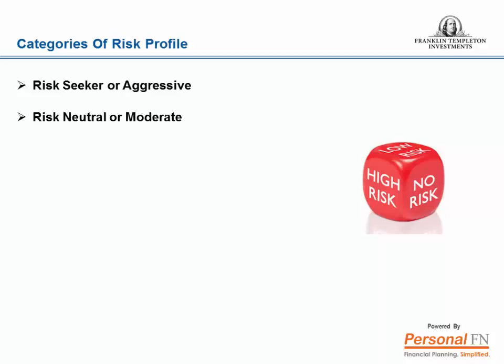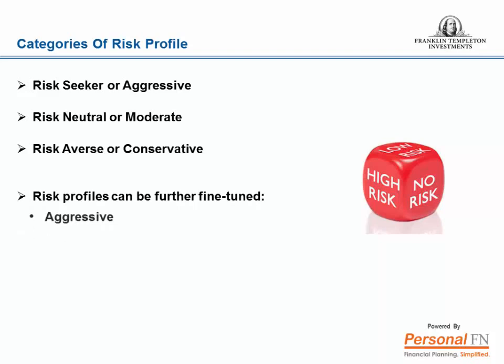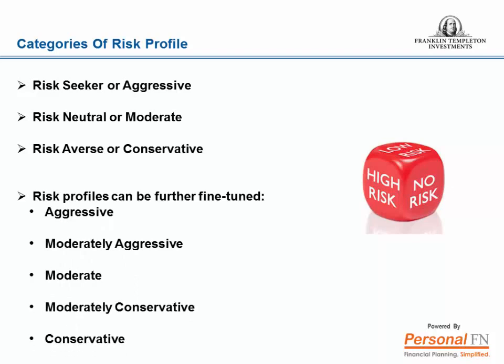You may be looking to earn a decent return at a relatively lower risk. Number 3, risk averse or conservative. If your risk profile is between low to medium, you are a conservative investor and risk averse in nature. You may not be comfortable taking risk. Risk profiles can be further fine-tuned to include 5 instead of 3 categories: aggressive, moderately aggressive, moderate, moderately conservative, and conservative.